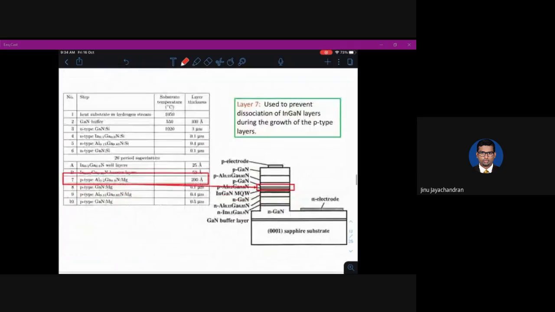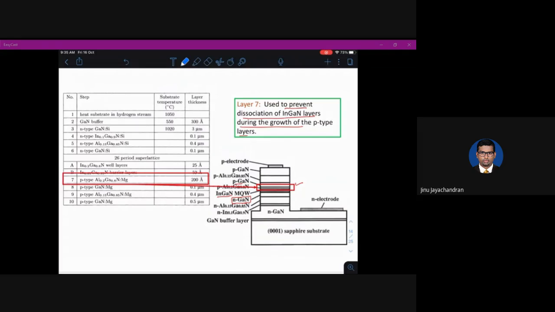And after the superlattice structure, you have the next layer, which is of aluminum gallium nitride. The reason why we are having this layer is to prevent dissociation of indium gallium nitride layers during the growth of p-type layers. Ideally we should have p-type gallium nitride over indium gallium nitride because you already have the n-type gallium nitride here. But the problem is, if you develop p-type gallium nitride over the indium gallium nitride active layer, the p-type gallium nitride will get decomposed.